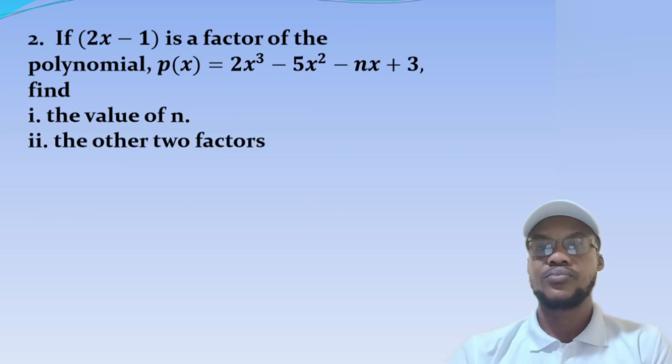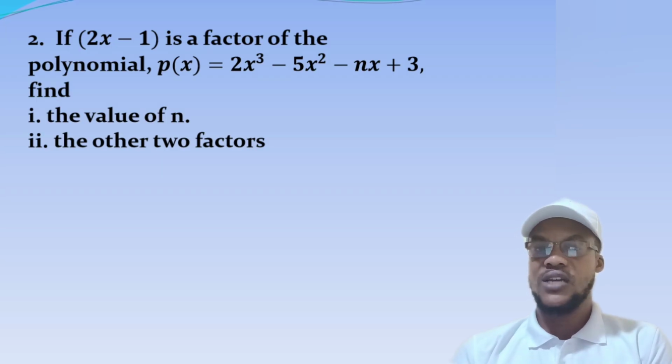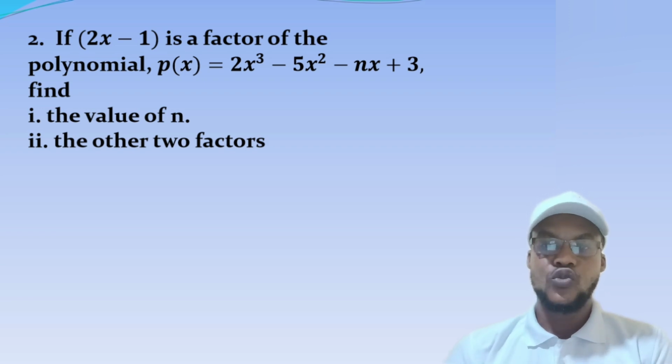So if that's the case, let's take a full example and see how we can do it. For this example, we are saying that 2x minus 1 is a factor of the polynomial p of x equals 2x cubed minus 5x squared minus nx plus 3. We are to find the value of n, and also find the other two factors.